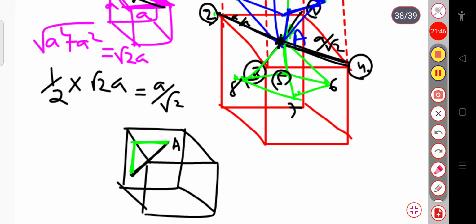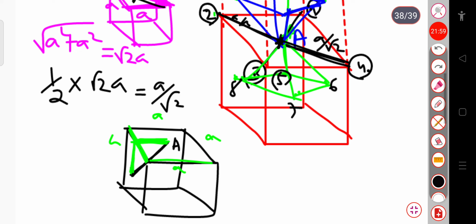Now since each side is a, equal on all sides, this distance will be a by 2. Similarly, this distance is half of this side, so it will also be a by 2.